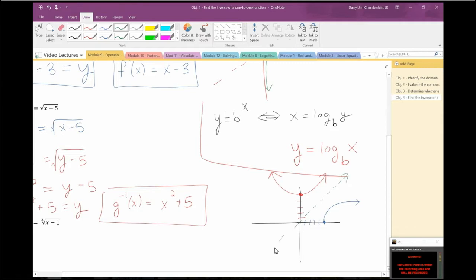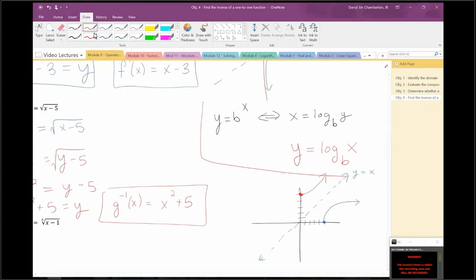And if I draw this dashed line, it's y equals x, you can see that something weird's going on. This only has one curve, and this seems to have two. And what that means is if we're talking about the inverse, we have to be careful. These functions look like inverses of each other.